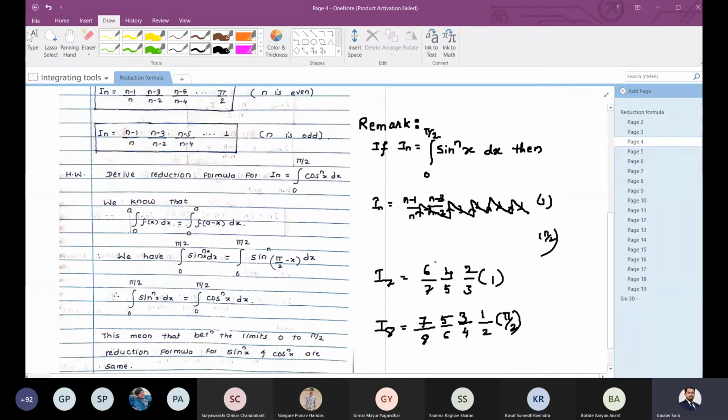So this is how we remember. The same thing works for the cos also, as we have earlier seen that the formula is the same for sine as well as cos. Is anyone having difficulty up to this? Please ask. If not, then I'll go ahead.